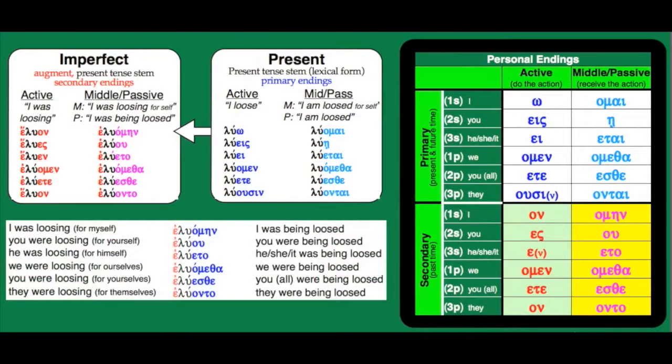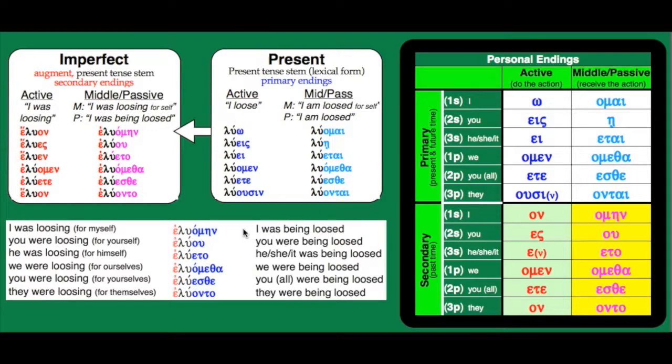And in our lower right-hand quadrant, we have amen, u, eta, amatha, estha, anta. Now, when we use these endings, it means we're in the past time, secondary endings, and that we're in the passive voice. Amen, u, eta, amatha, estha, anta.